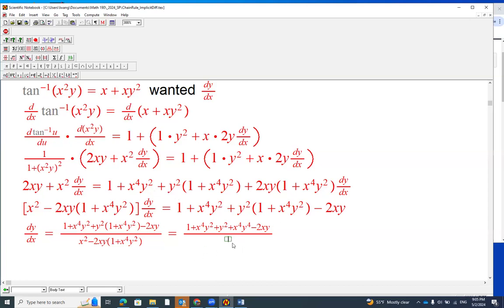The denominator equals x squared, subtracting 2xy minus 2 times x raised to the power 5 times y raised to the power 3.